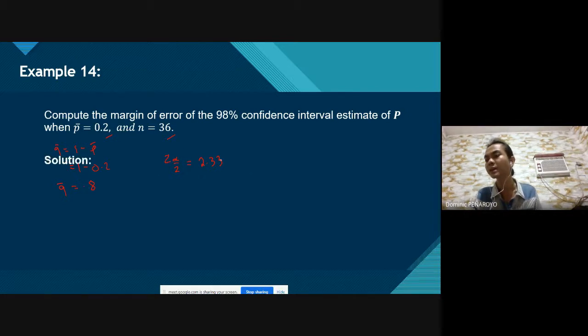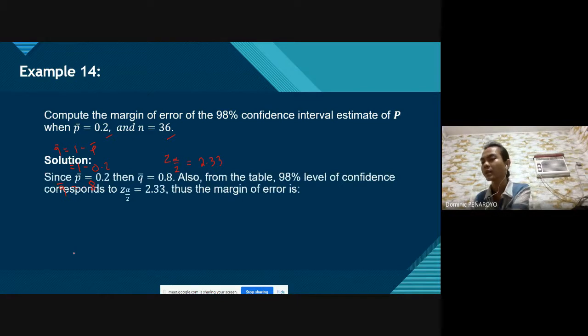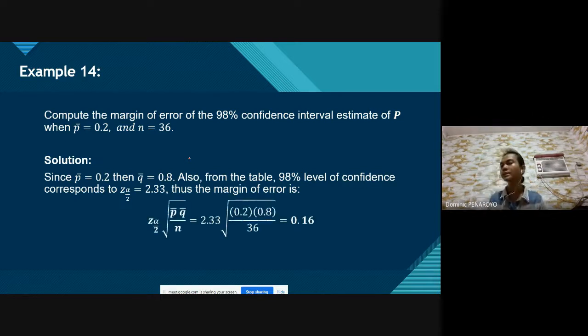So, we just substitute into our formula. So, here we have P bar is 0.2, Q bar is 0.8, 98% level of confidence, therefore that's 2.33.